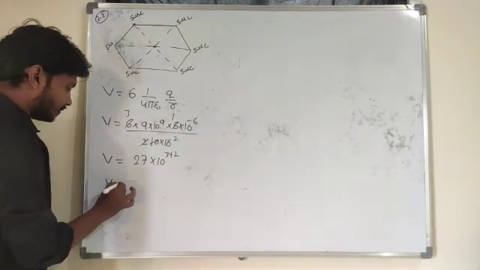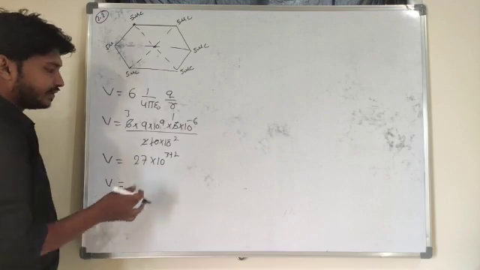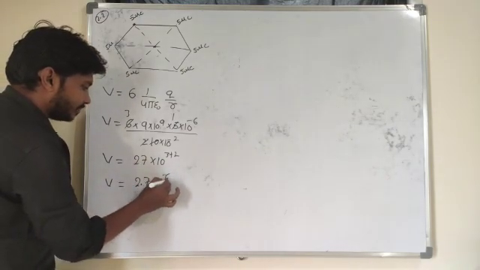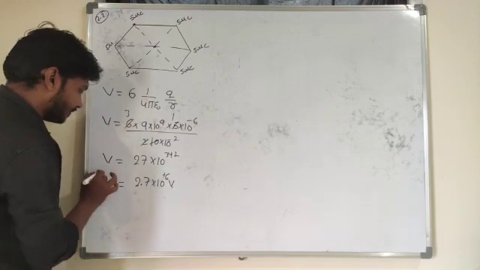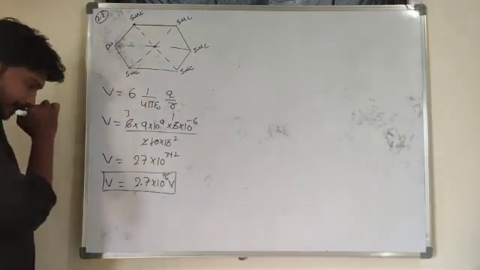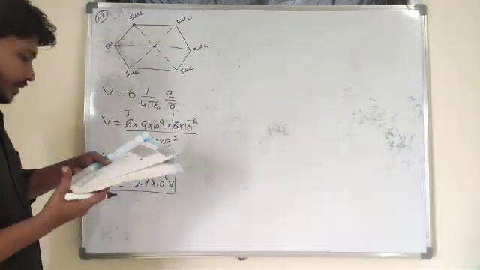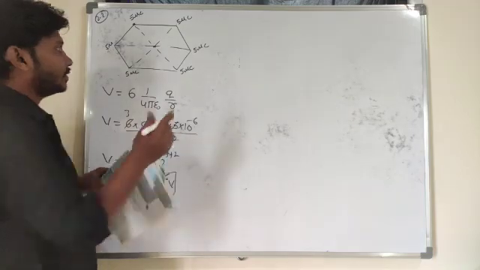So V is equal to 27 into 10 to the power of 5, or 2.7 into 10 to the power of 6 volt. That is the answer. Okay, we'll look at the next one, 2.4.